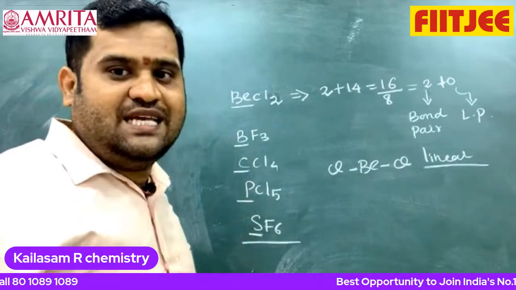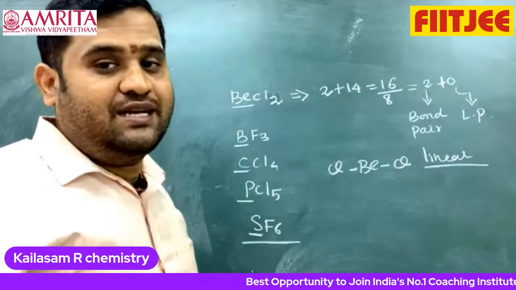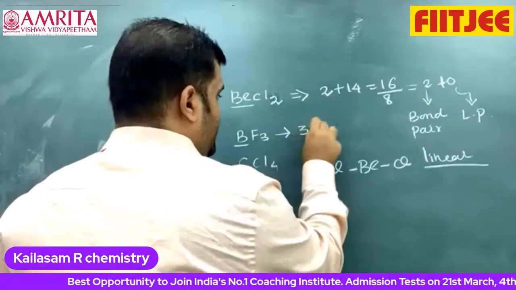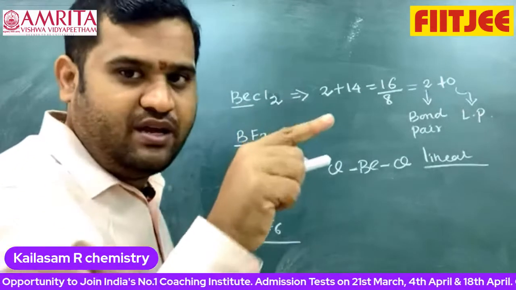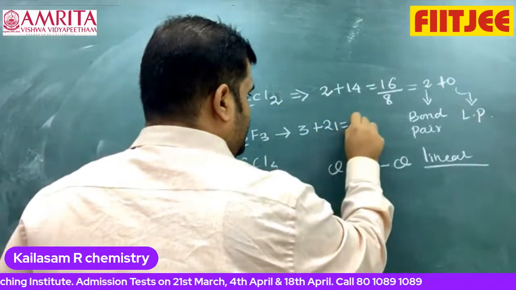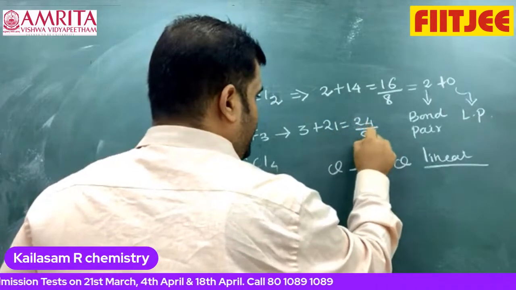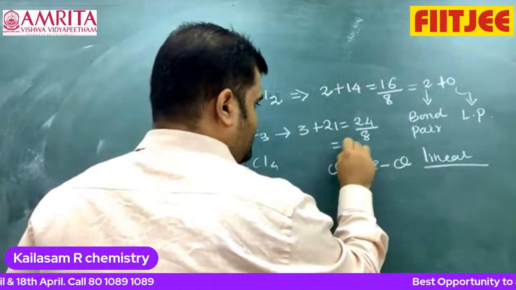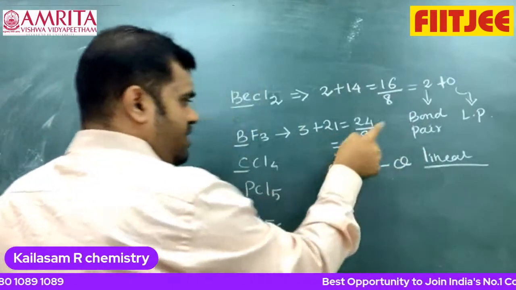Now, BF3. Take the example of BF3. The central atom is boron. The valence electrons of boron are 3, plus fluorine is 7. 3 sevens are 21. 21 plus 3 is 24. 24 by 8. We know that 3 eights are 24. We can say that as 3 plus 0. What is 3 plus 0?